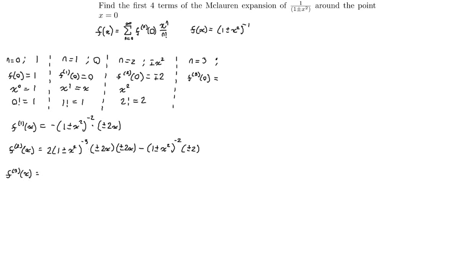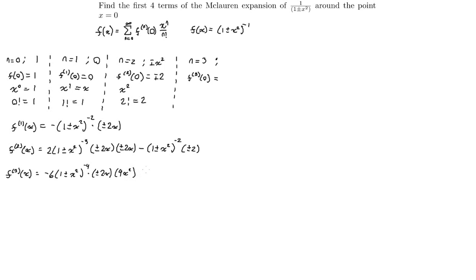Alright. So now we'll need to do two sets of product rule, right? So the derivative of the first guy will be negative 6 times (1 + (-x^2))^(-4), and then times plus negative 2x, and then we'll still have this guy, which is going to be 4x squared, right?